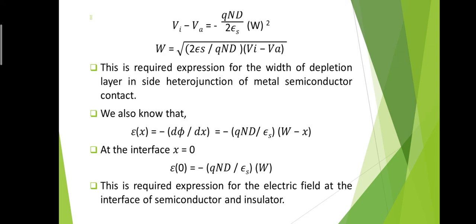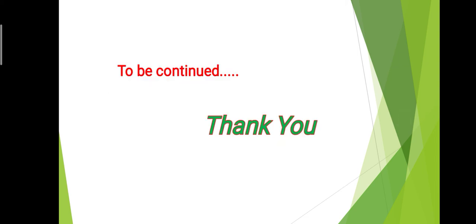So this is all about the metal semiconductor contact. We discussed up to this what happens when metal and semiconductor come into contact with each other, that is how the Fermi energy levels are aligned, how electrons transfer from metal to semiconductor or semiconductor to metal, and how the barrier height is formed.